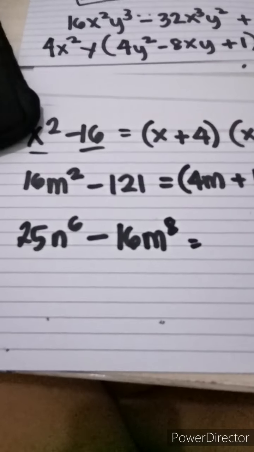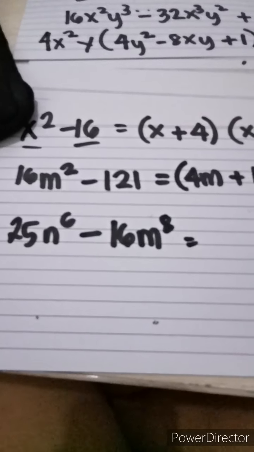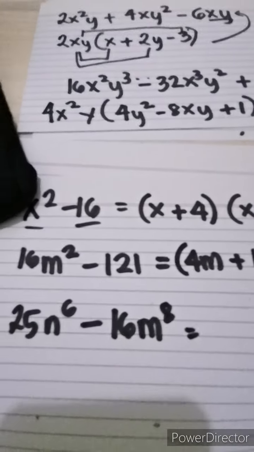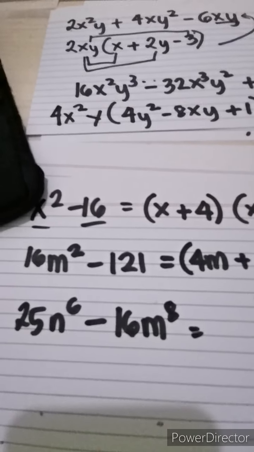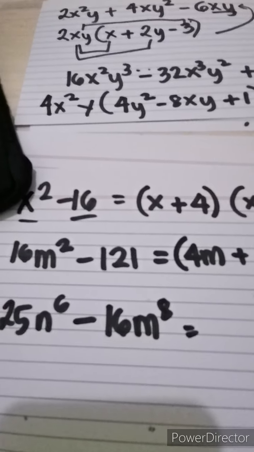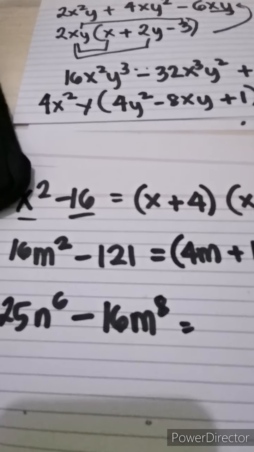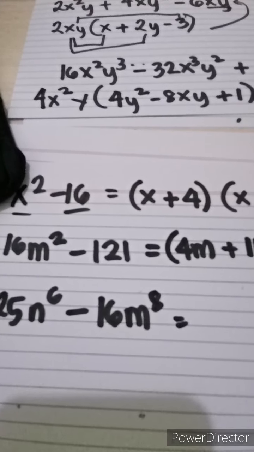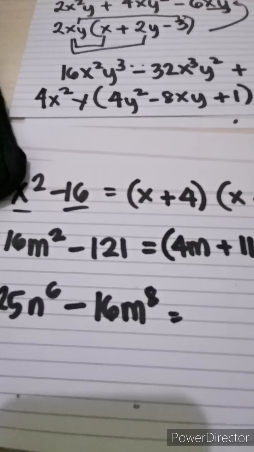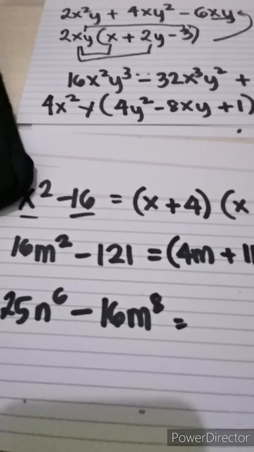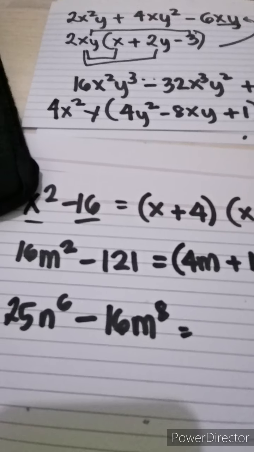So, kung mapapansin mo, mahirap i-distinguish kung siya ay perfect square. Pero based from the number, ang 25 and 16 are perfect square numbers. So, ang gagawin mo lang dun sa may exponent, tingnan mo kung yung given exponent is divisible by 2. Kung siya ay divisible by 2, therefore, siya ay pwedeng gamitin para sa difference of two squares.